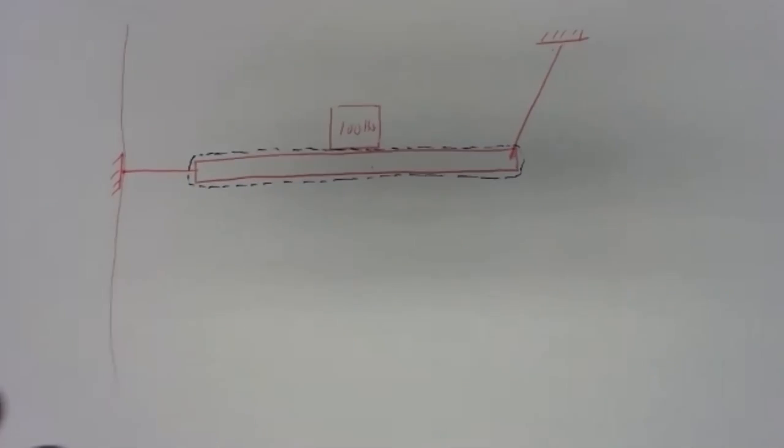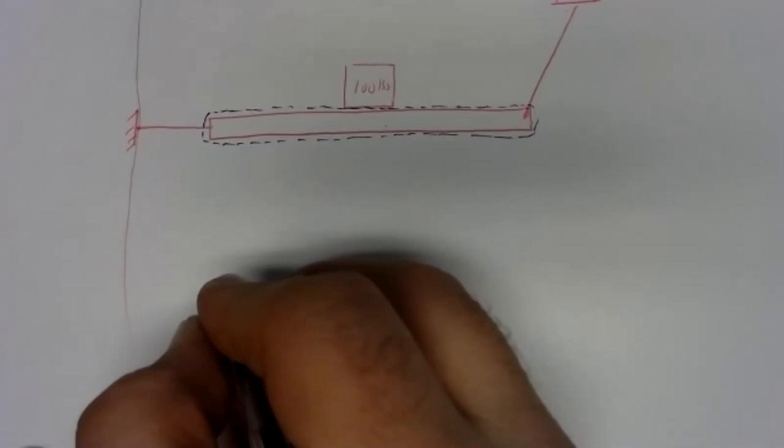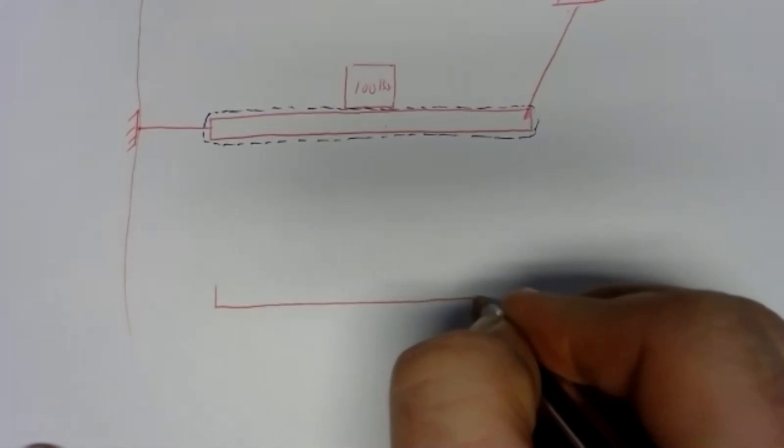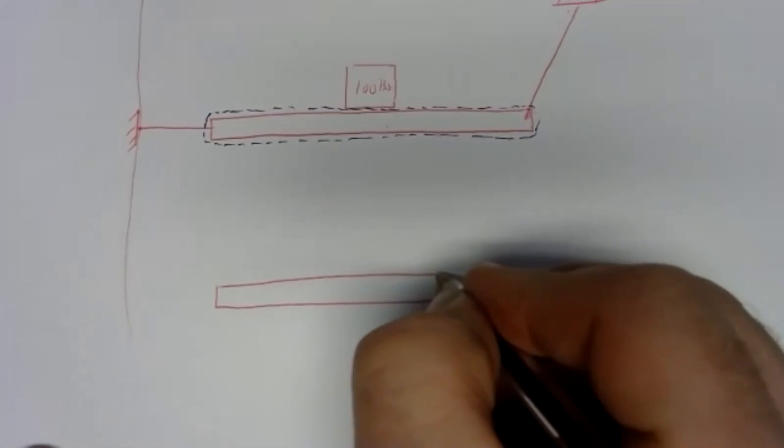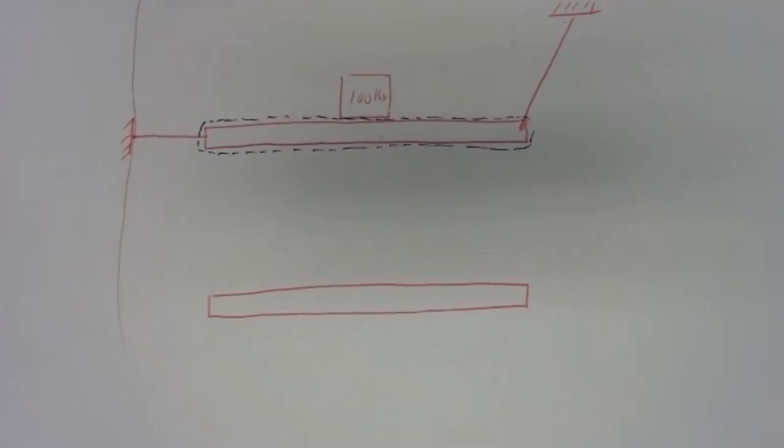That'll divide the universe into what touches the beam or what is near the beam and everything else. So when we draw our free body diagram of the beam, we can draw the beam down here. We always keep the object that's inside the bubble. Everything else is what disappears. Anything that crosses that system boundary or touches that system boundary has to be represented by a force.